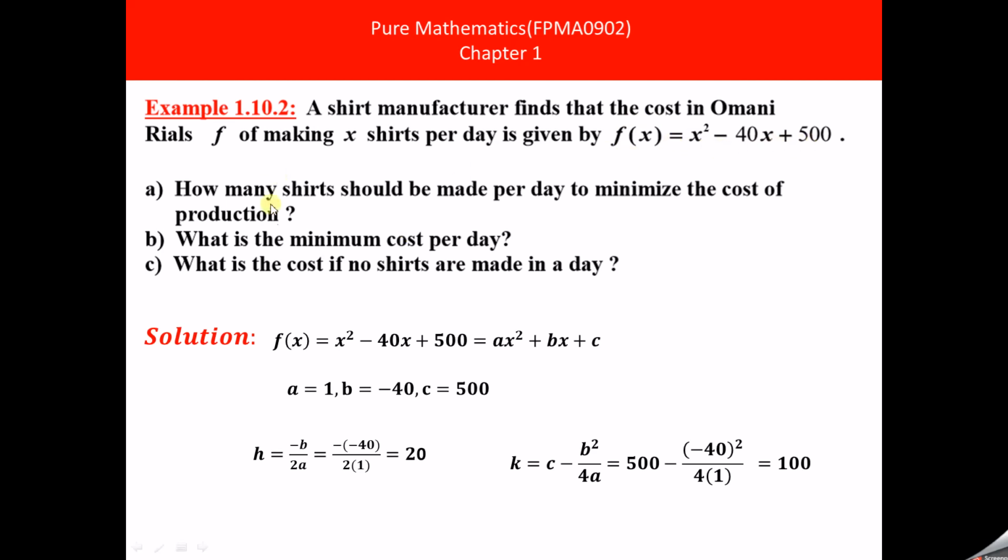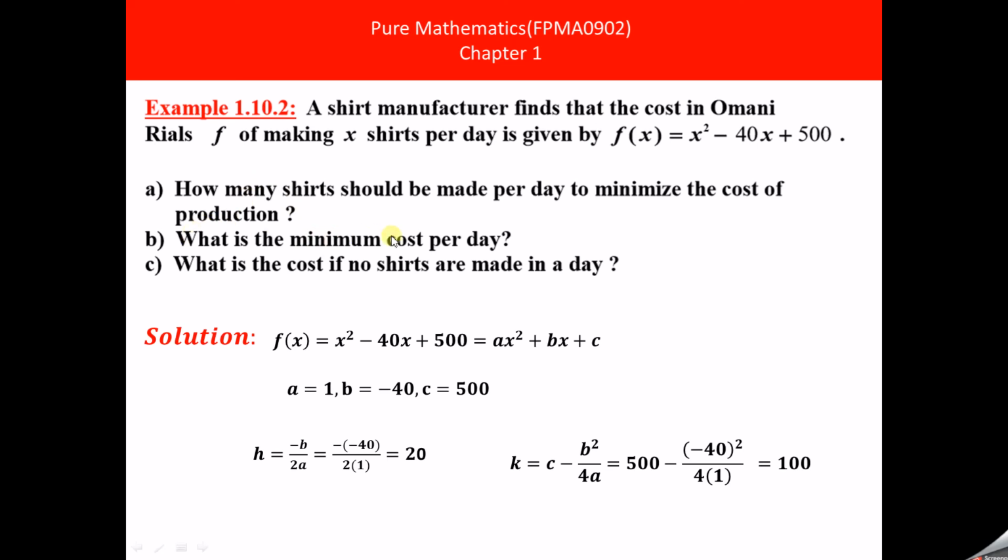So let us look at the questions we have here. How many shirts should be made per day to minimize the cost of production? That means when the quadratic function f(x) is minimum, for what x value is f(x) minimum.